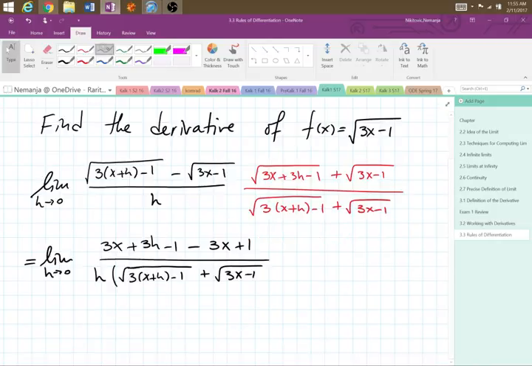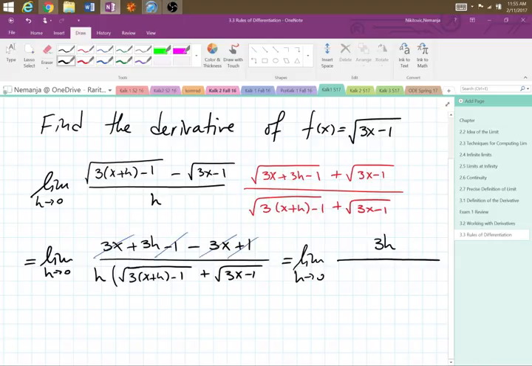In the numerator, 3x, negative 1, and positive 1 all cancel. And then in a second wave, it equals the limit as h goes to 0. What's left in the numerator is 3h.